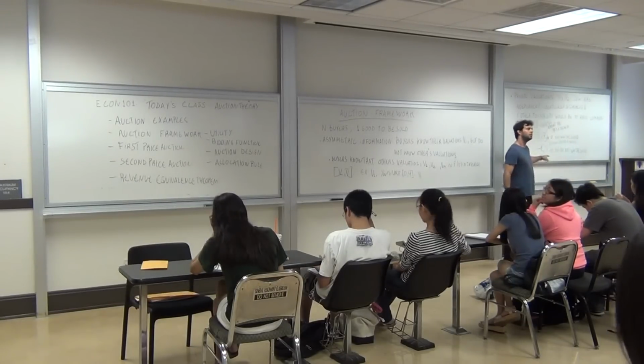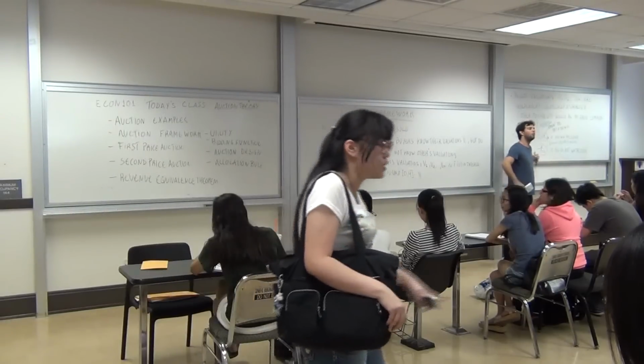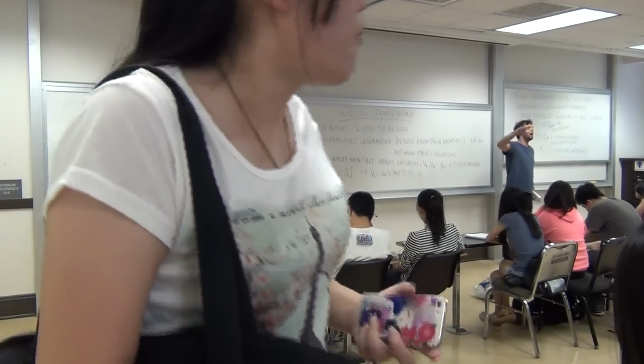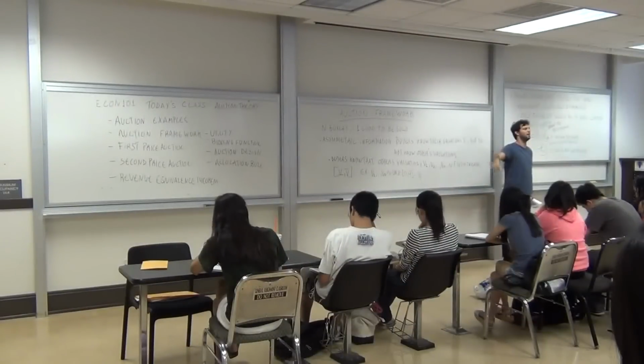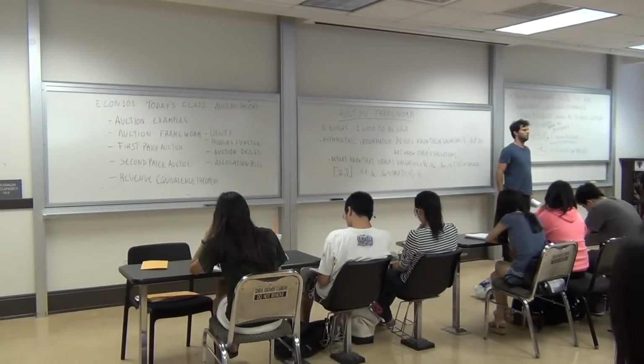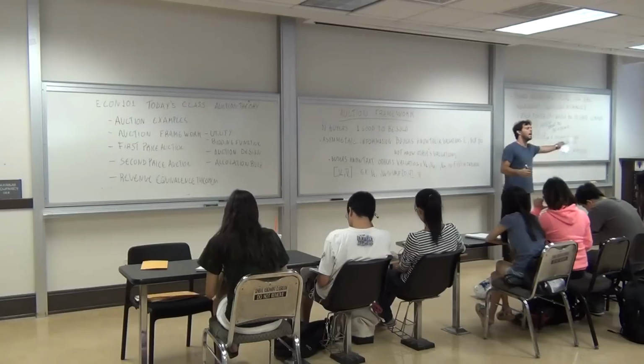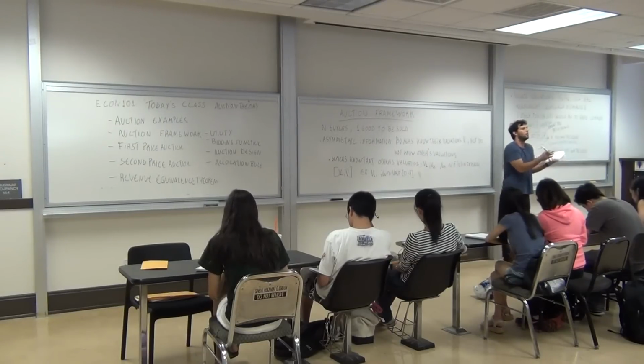And if you lose, and you don't have to pay anything, it is 0. In this kind of utility function, I don't add this extra outside money. You see what I mean? The outside money that you have here doesn't matter. If you don't win the auction and you pay 0, your utility is 0.